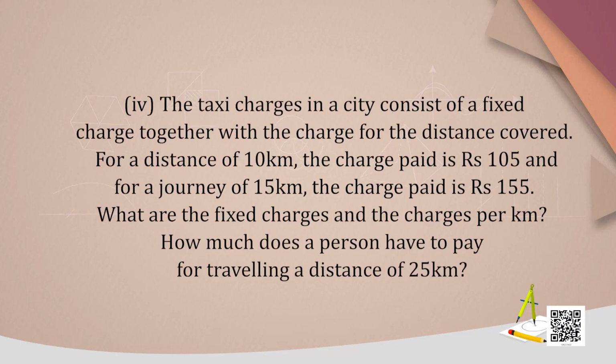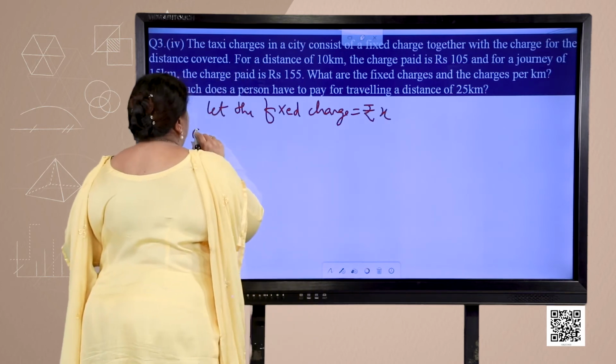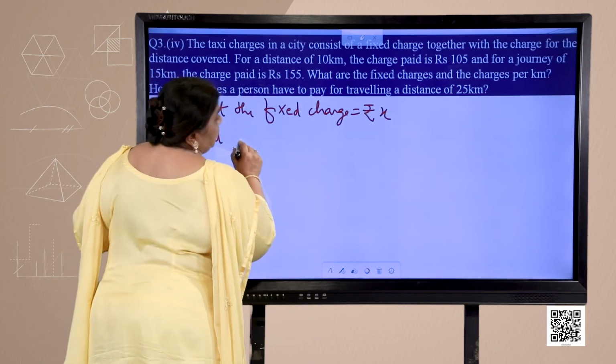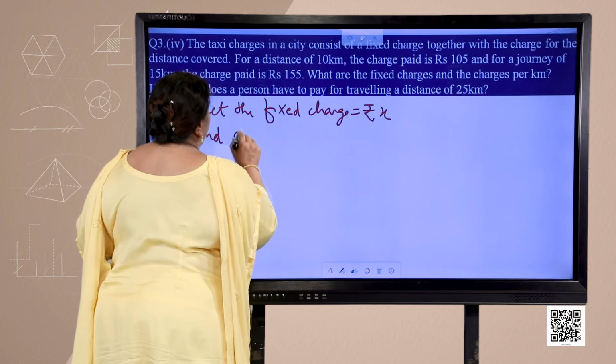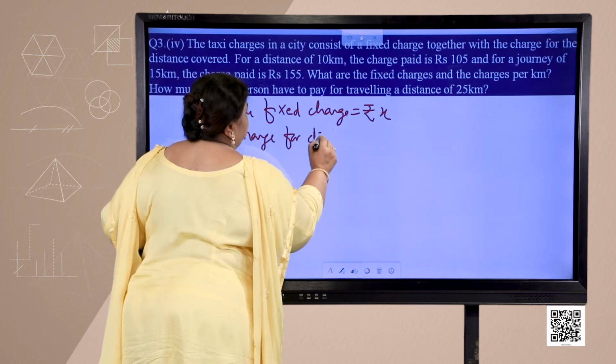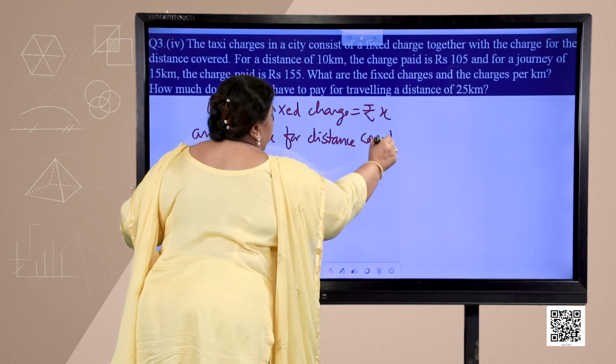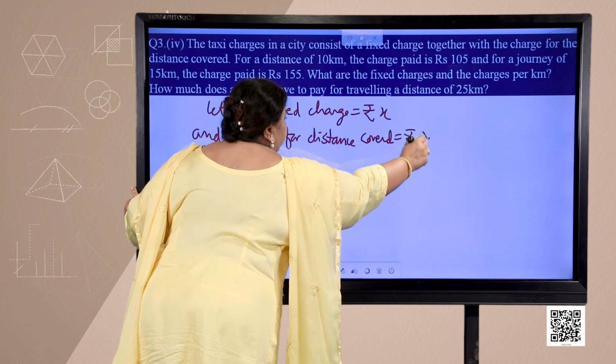In this question, see, the taxi charges in the city consists of fixed charge. Let us take the fixed charge as rupees x and additional charge, that is charge for distance covered, as rupees y.